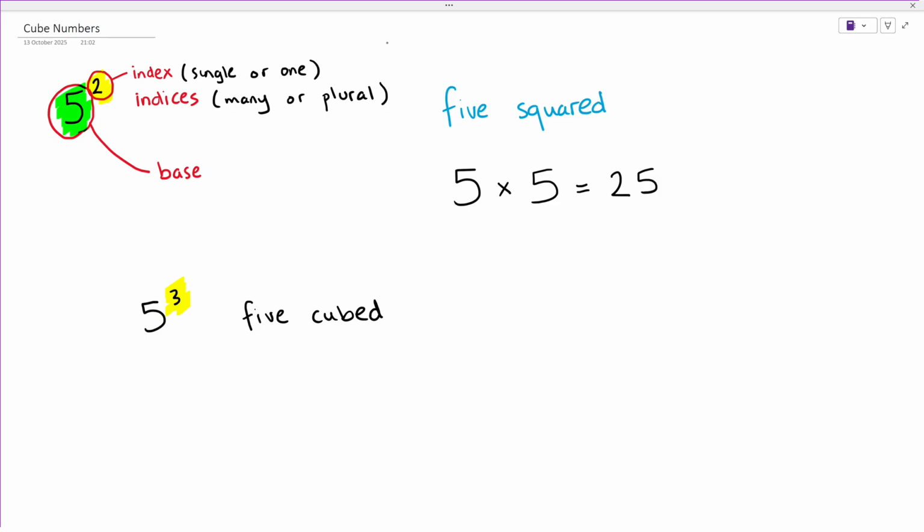So we write it 3 times, so we do 5, 5, 5, and then we multiply them. We times them. And 5 times 5 is 25. 25 times 5 is 125.